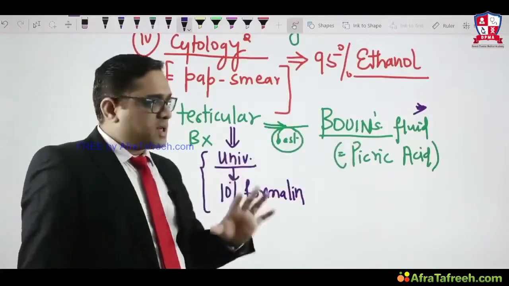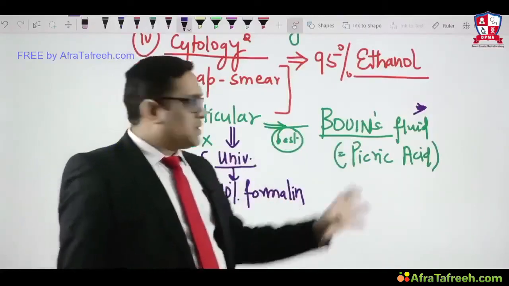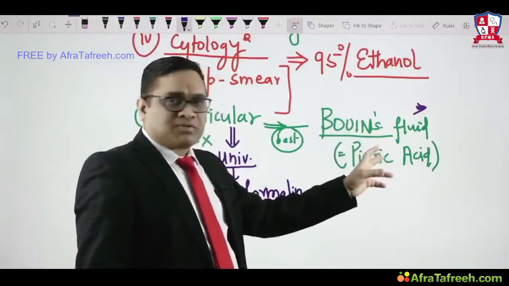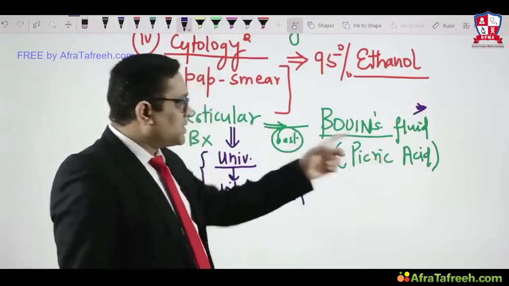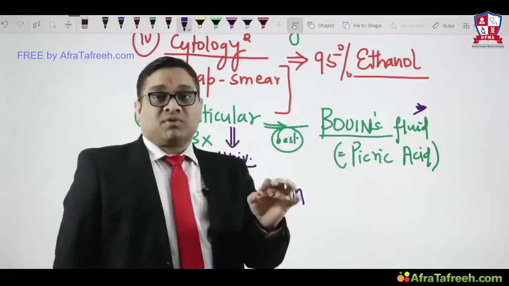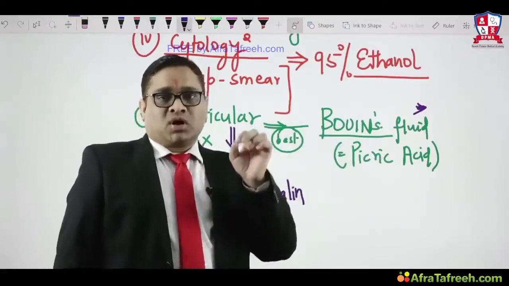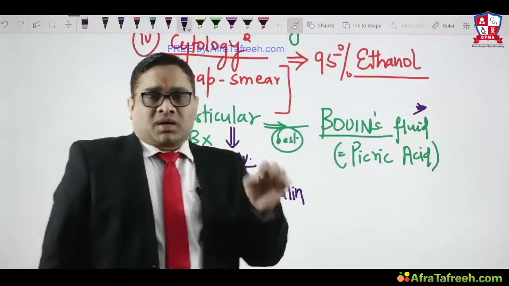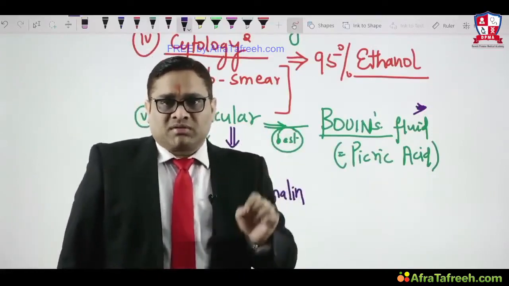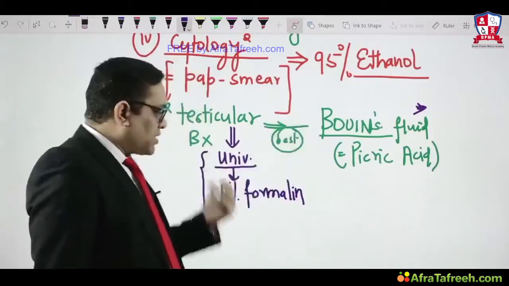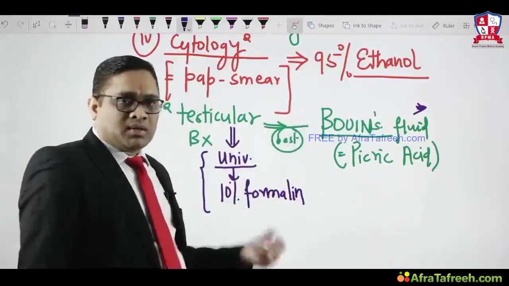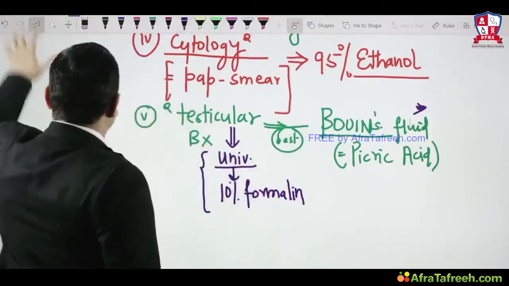So these are the references for this controversial question. Campbell urology, published in 2016, says Bouin's fluid is the best fixative for any testicular biopsy, because the histological architecture is better preserved in Bouin's fluid in comparison to 10% formalin. We have to keep this point in mind.